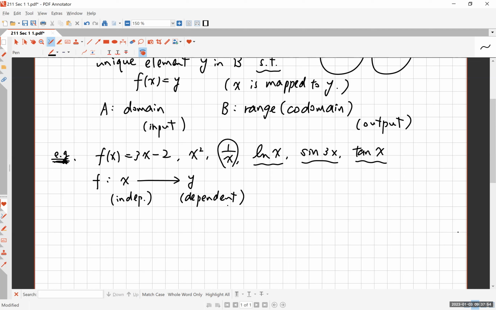All right. When you try to find this y, we call this evaluate. So evaluate f means finding f(x) at a particular point. All right. So for instance, this is really, really simple.